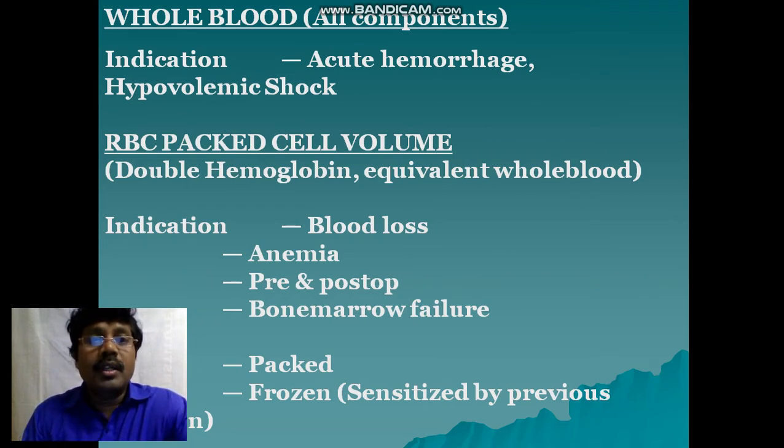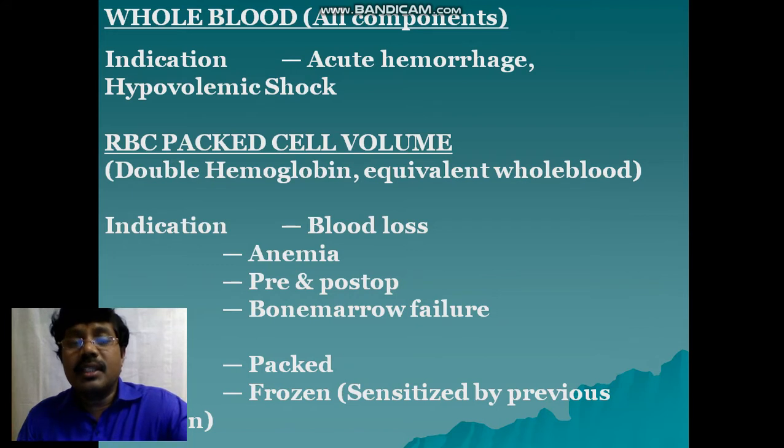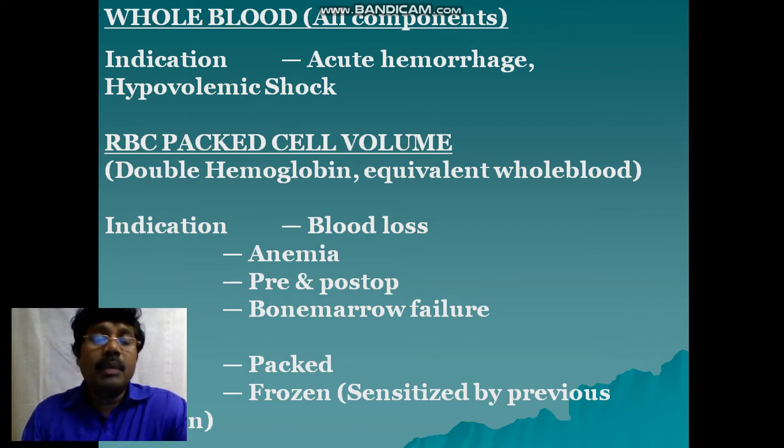Let's see them one by one. Whole blood, that is all components of blood, is indicated in acute hemorrhage, acute bleeding, and hypovolemic shock cases. Then RBC, that is packed cell volume transfusion, raises hemoglobin and is equivalent to whole blood transfusion.